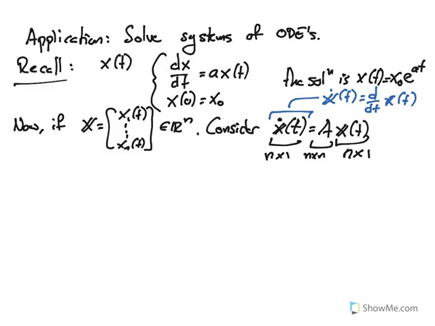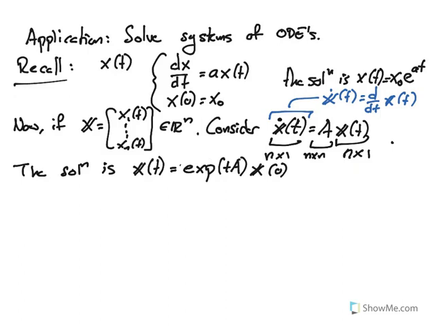Then the solution is x of t equals the exponential of t times A acting on the vector of initial values, x at the point 0.